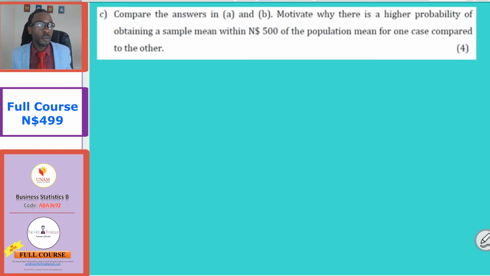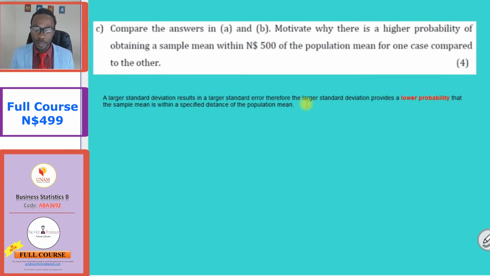You can look at it from different ways. What we can conclude is, a larger standard deviation, like the one for accounting, which is 6,000, results in a larger standard error. Therefore, the larger standard deviation provides a lower probability that the sample mean is within the specified distance.